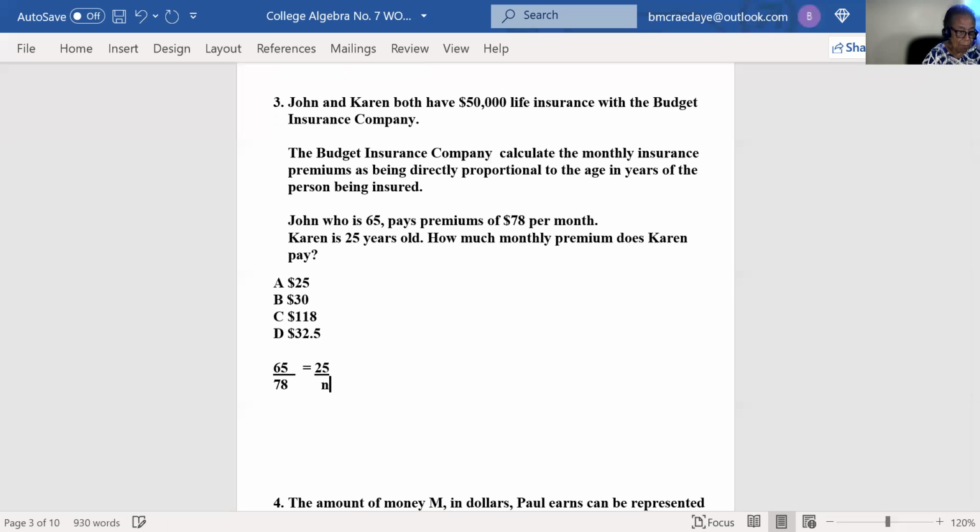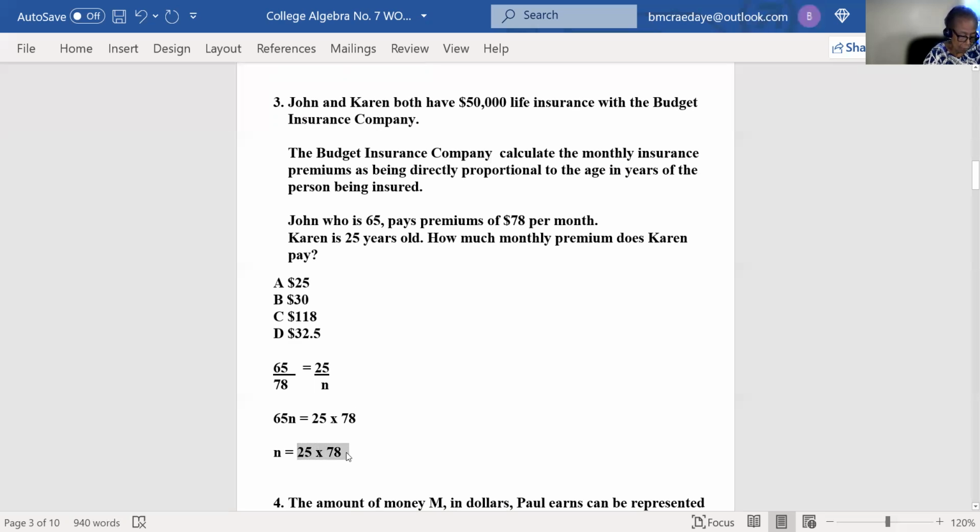Now to solve for N, you can cross multiply. 65 times N equals 25 times 78. So let's just write that there. 65N equals 25 times 78. So N is going to be equal to 25 times 78 divided by 65.